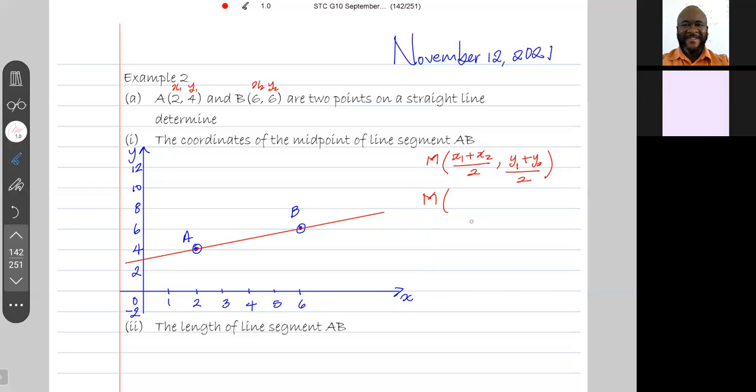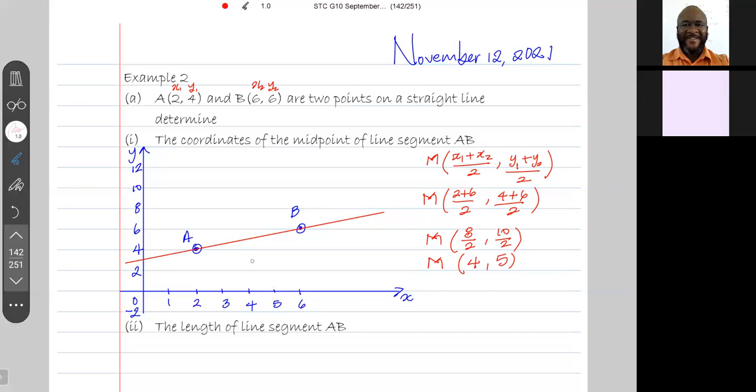So M is the point (2 plus 6) over 2, comma, (4 plus 6) over 2. So M is 8 over 2, comma, 10 over 2. So the midpoint of line segment AB is the point (4, 5).